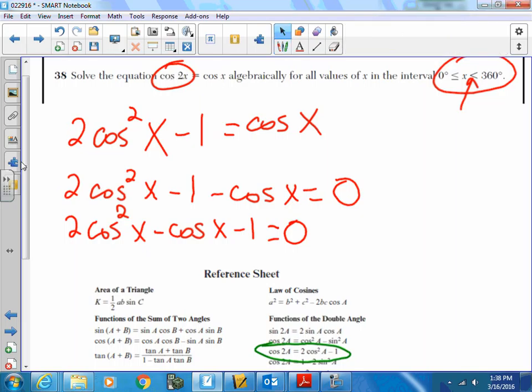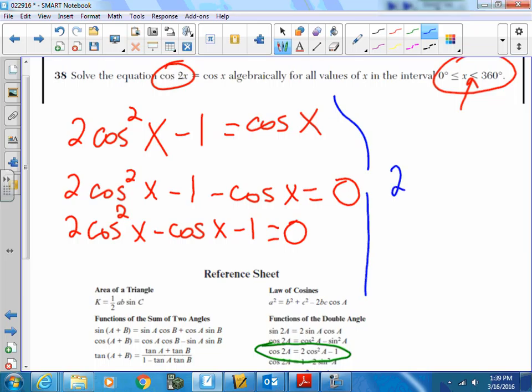Let's replace cosine of x with just the variable x, so it looks like what you're used to seeing: 2x squared minus x minus 1 is equal to 0.